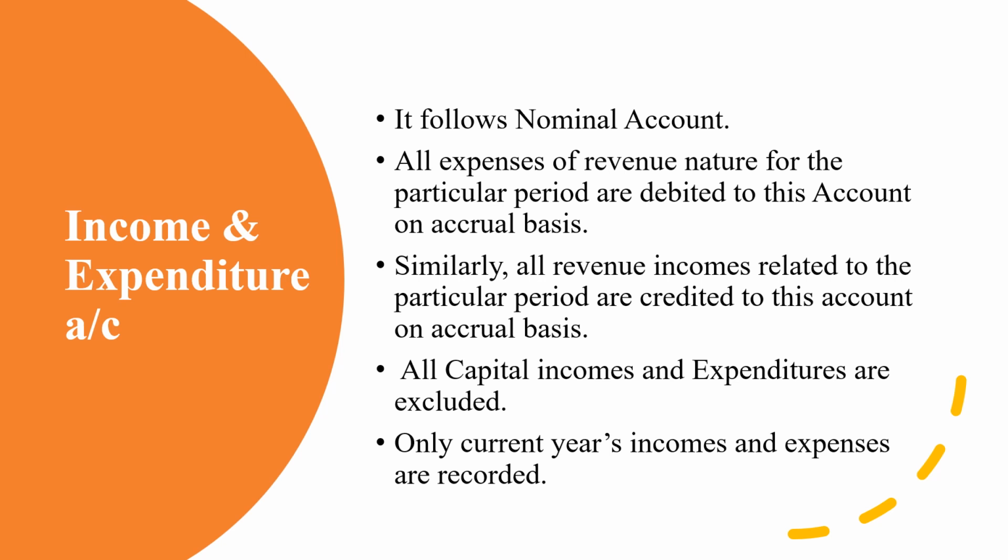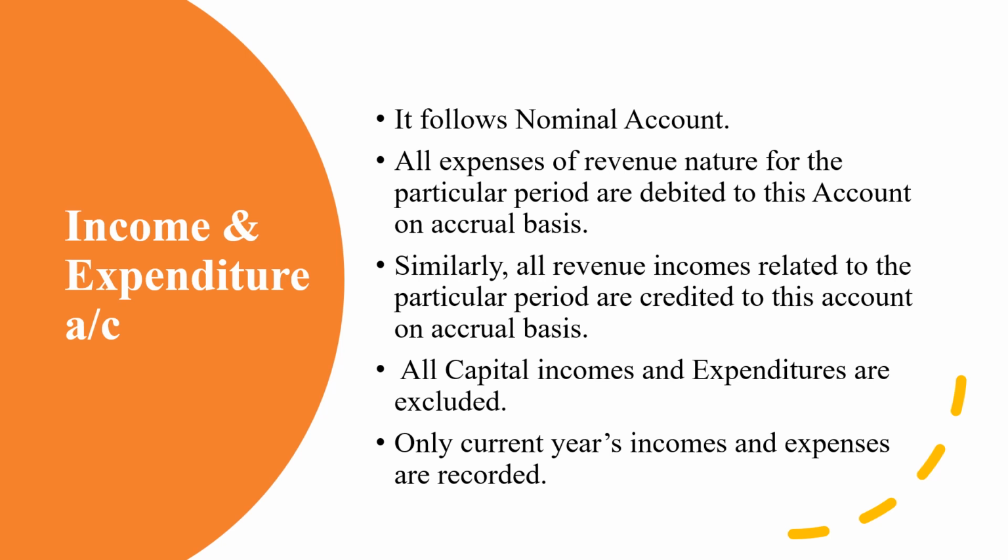The important point to be noted here is that all expenses of revenue nature of the particular period are only debited to this account. Similarly, all incomes of revenue nature and of the particular period only are credited to this account. Expenses and incomes of revenue nature only are shown in this account.